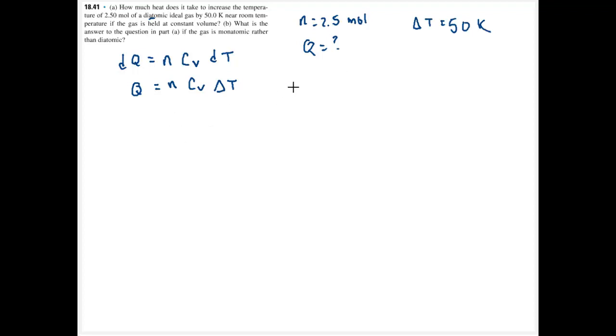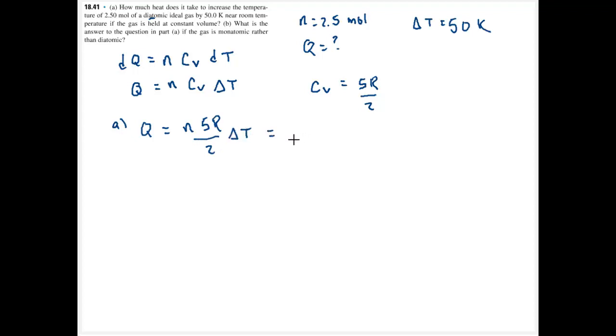Now for a diatomic gas, I know that the molar heat capacity is going to be 5 times R divided by 2. So for part A, the amount of heat that it takes is going to be n multiplied by 5 times R divided by 2, change in temperature.